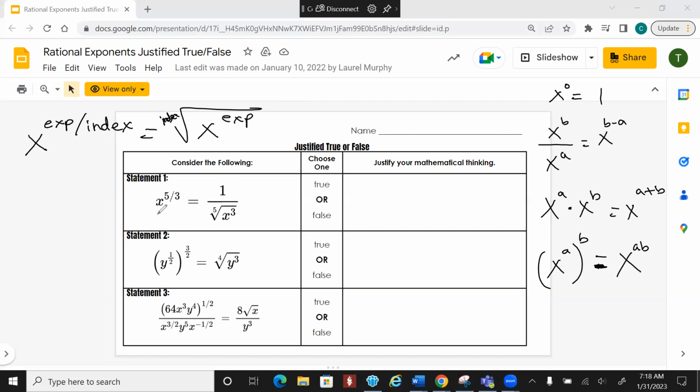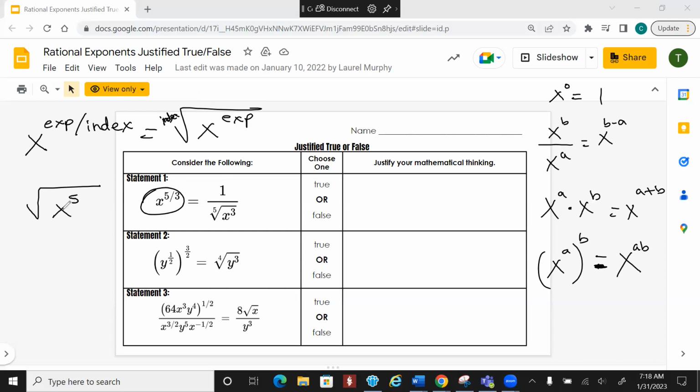Okay, so talk me through what we were gonna do. We want to have this written the same way as this, right? Like that's our goal. We're trying to see if these are equal. So just take this left side. If we take this exponent, it's going to go where? Inside the radical, right? Okay, so we got x to the, and the exponent is the top one.